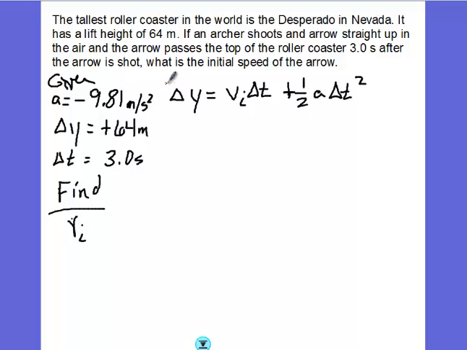So we're going to have to take this equation and rearrange it so that we're solving for initial velocity. When I do that, v_i, I end up with this equation.